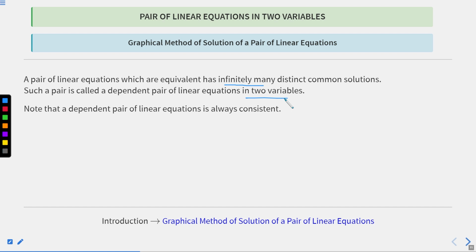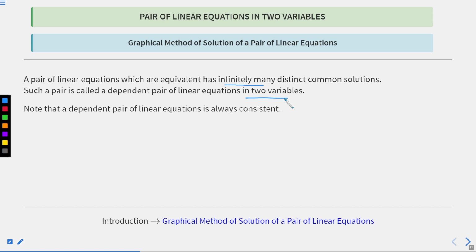Basically here the two equations are actually equivalent to each other, and one equation is dependent on the other equation.